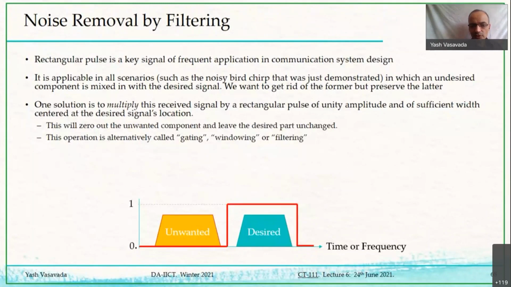So what you want to do is to get rid of the unwanted signal. You take this actual signal and you multiply it with what is known as a rectangular gating window. Basically, it's a window which just lets you see the desired part and it blocks out the unwanted. This is called gating or windowing or filtering, etc.